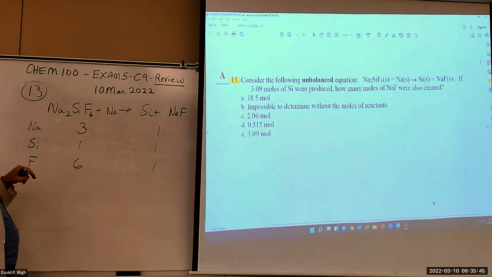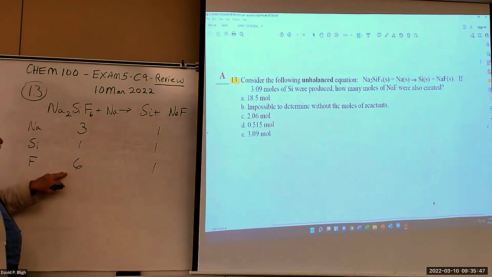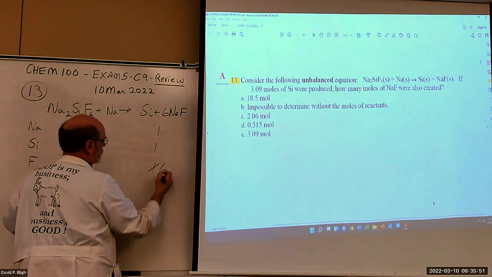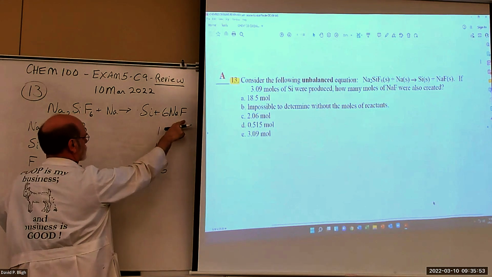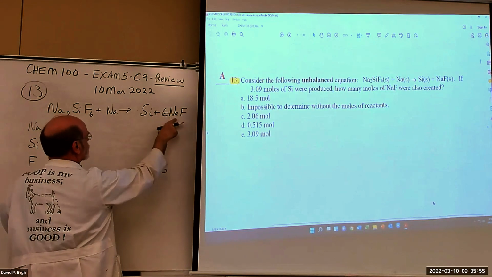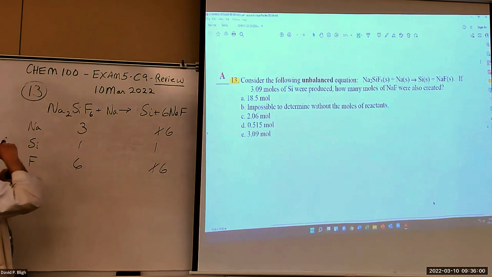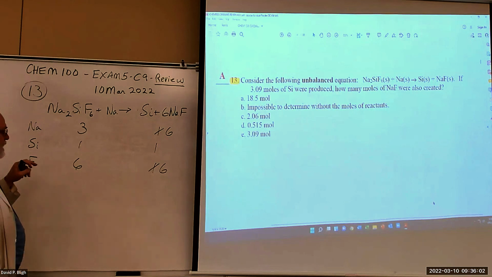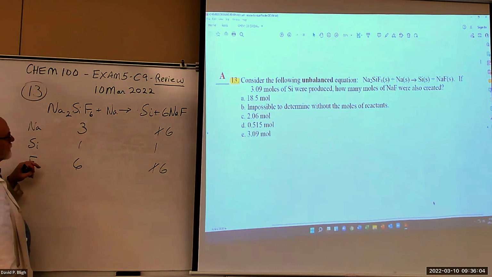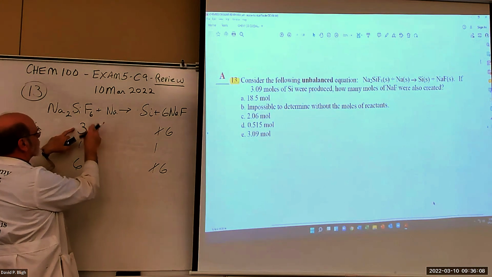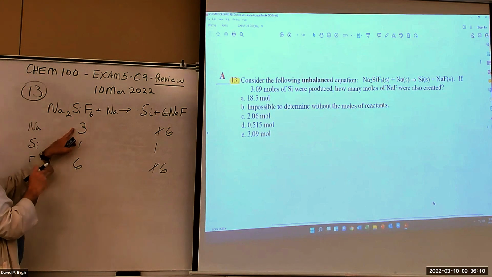So starting with fluorine was probably a good idea. That changes the fluorines to 6 and the sodiums to 6. Okay. Now we need 6 sodiums on this side.